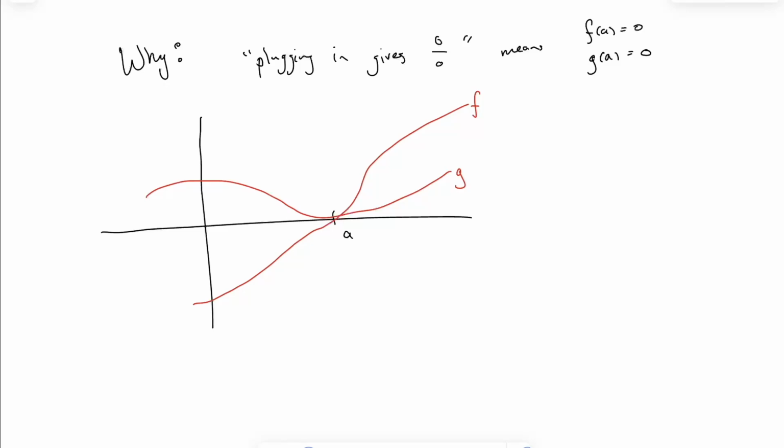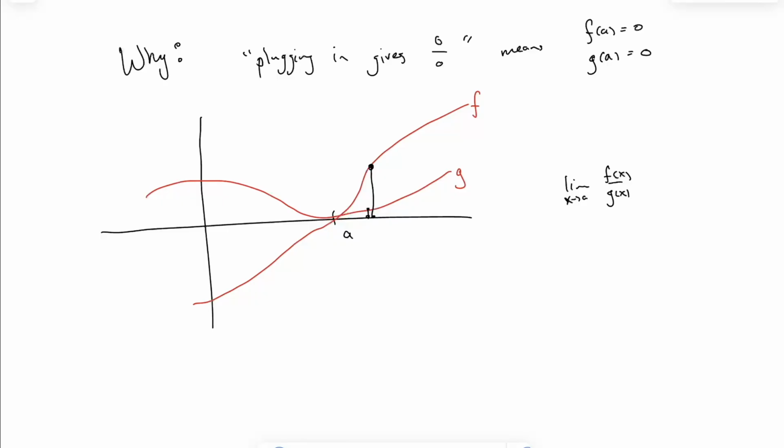And now I have to try to explain why the fraction, and what we're looking at in this limit of f of x over g of x as x goes to a, right? What I'm talking about here is this height, which is f of x, divided by this height, which is g of x, all right?